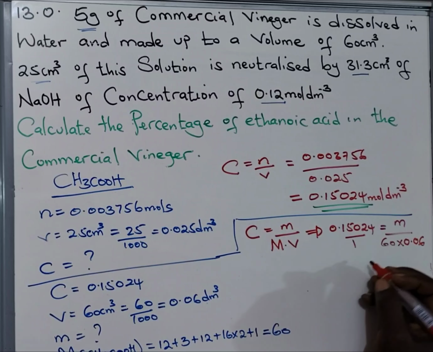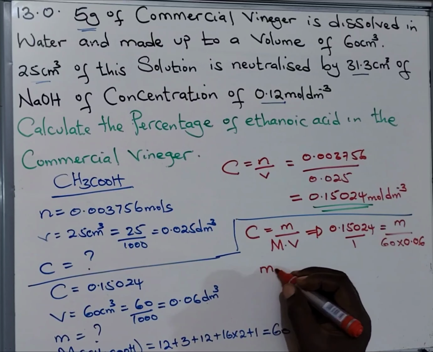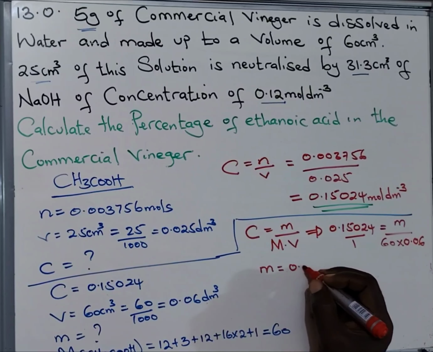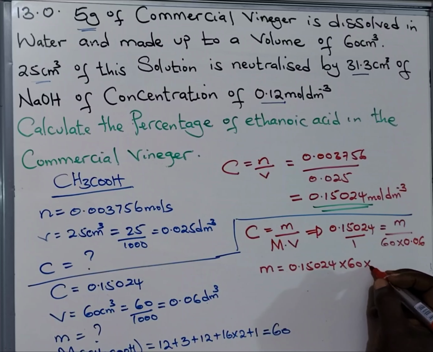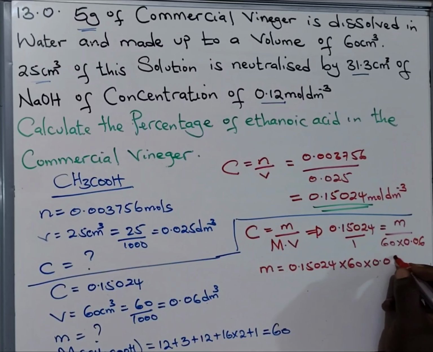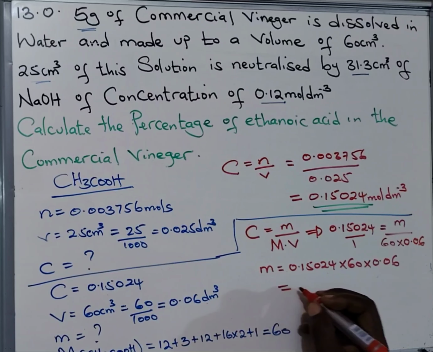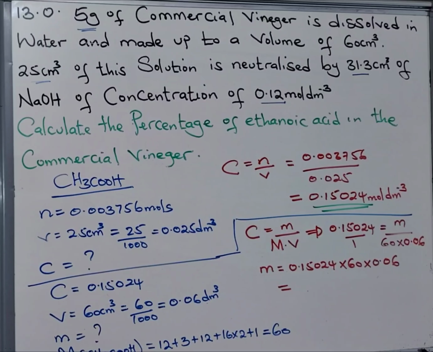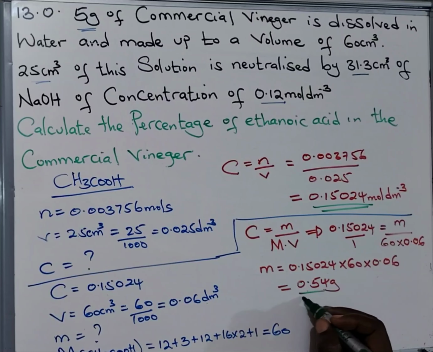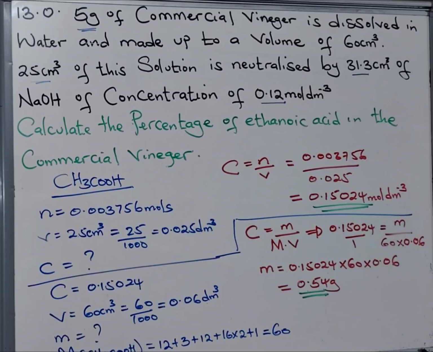Through cross multiplying, we can get M. What's your M going to be? 0.15024 times 60 times 0.06, giving you the mass of ethanoic acid. So we know the mass now. The mass of ethanoic acid is 0.54 grams.